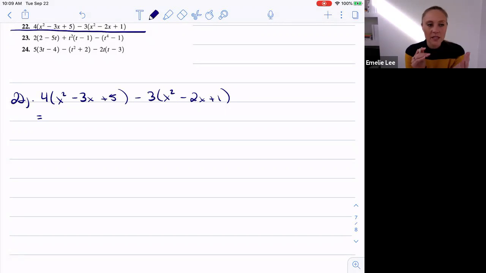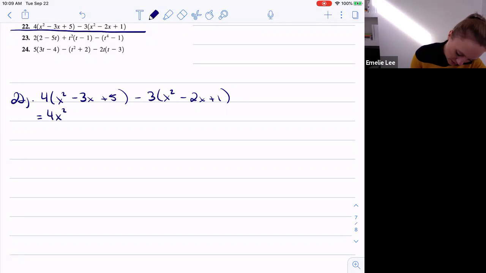So we have to expand the 4 inside. So I've got 4x squared. Are you guys okay with me just doing the 3 times 4 right away? Or maybe I should show it.